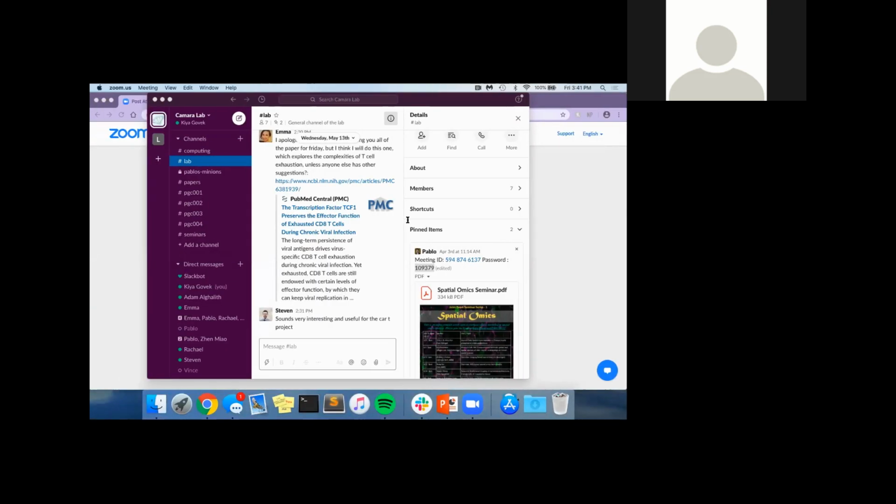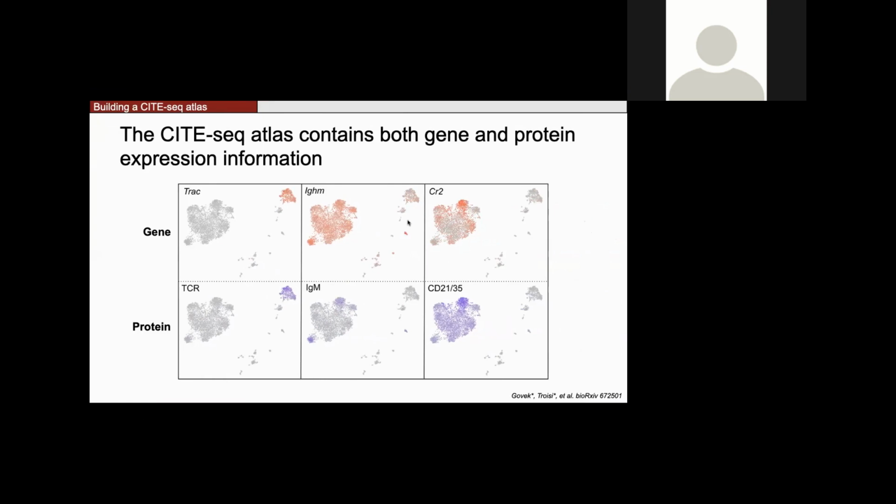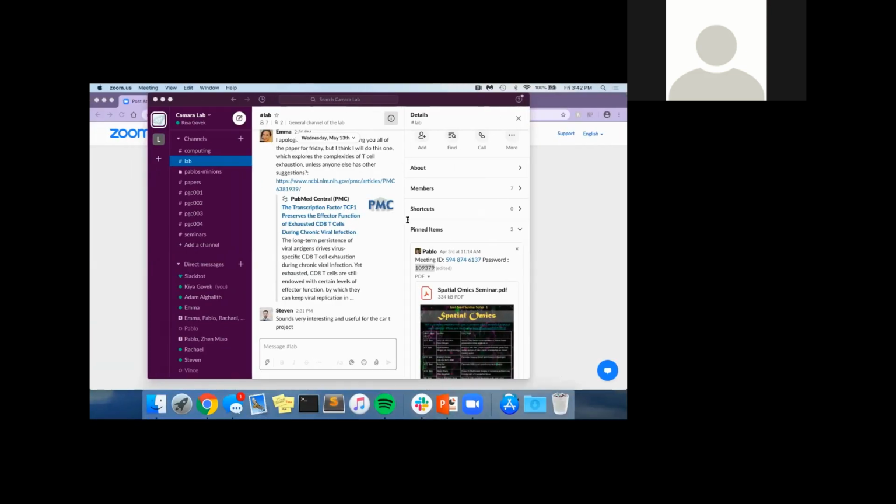But at the moment, we don't really have a way of improving the correlation between the gene and protein. We don't have a way of checking that, except for using FISH. I hope that answers your question.